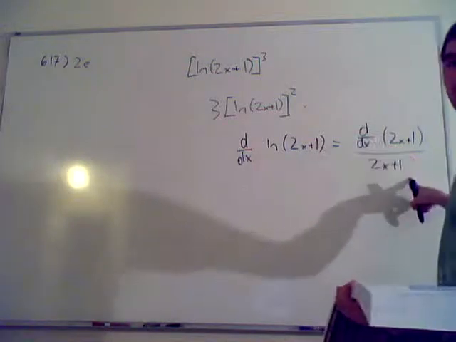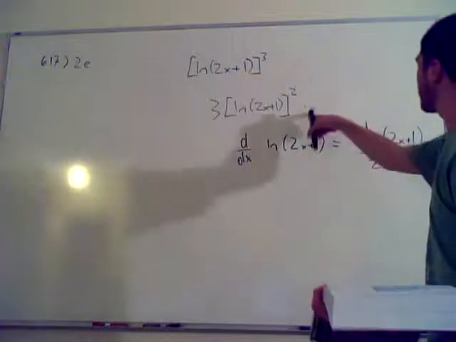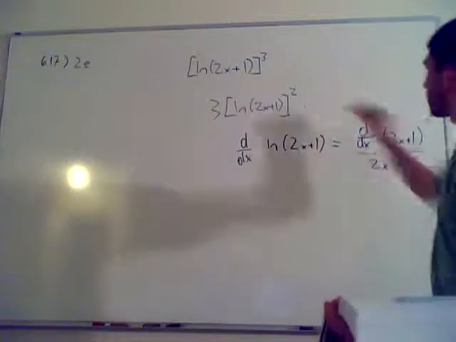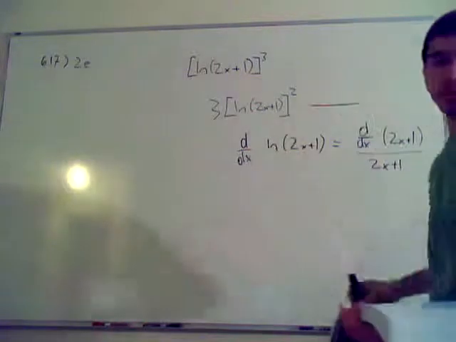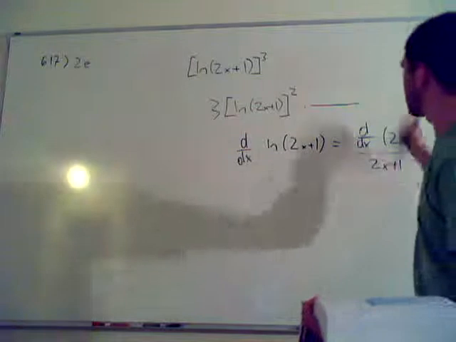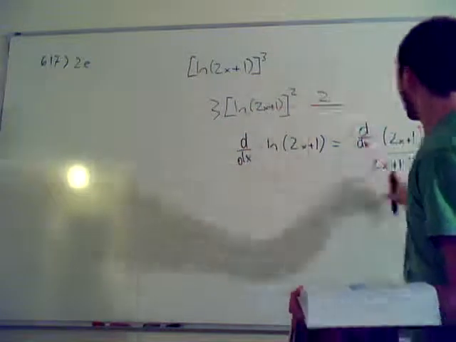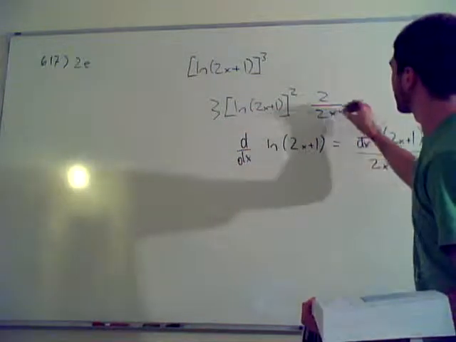Derivative over original function. So if we come over here, the derivative of 2x plus 1 is what? It's 2, because it's 2x, right? 2 over 2x plus 1.